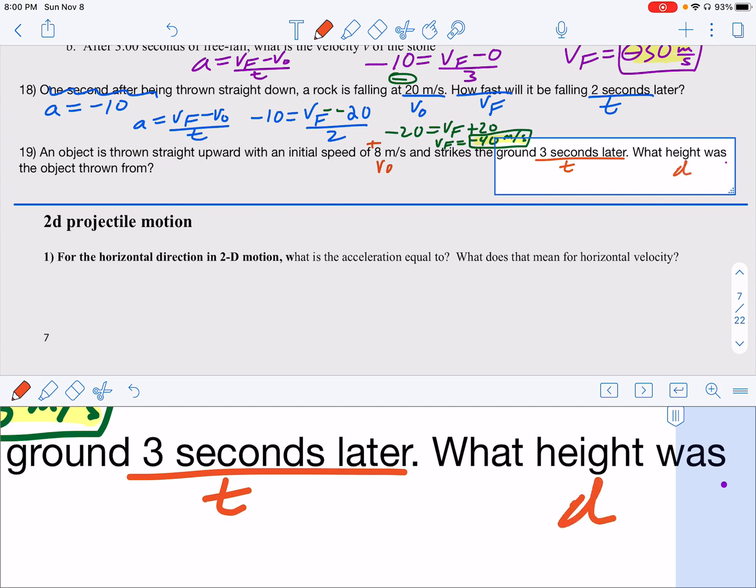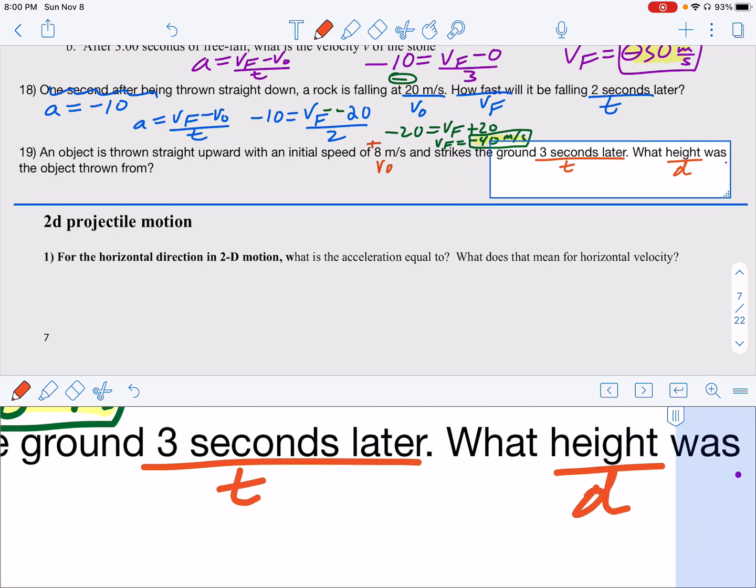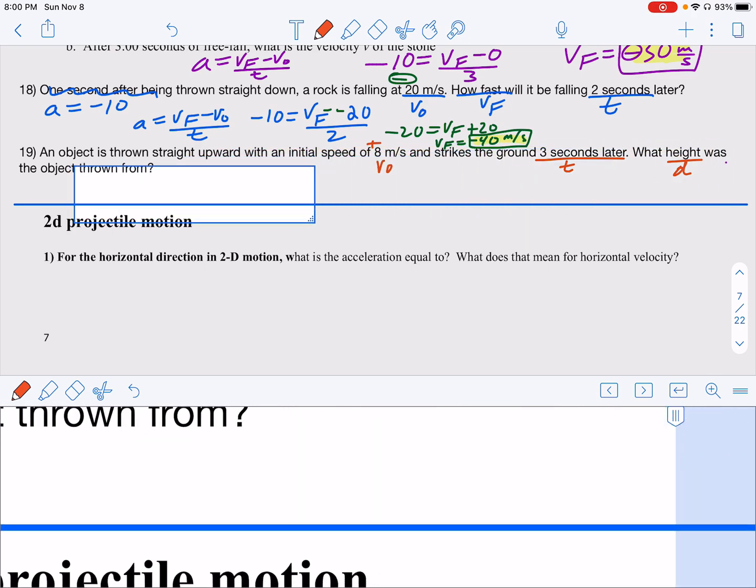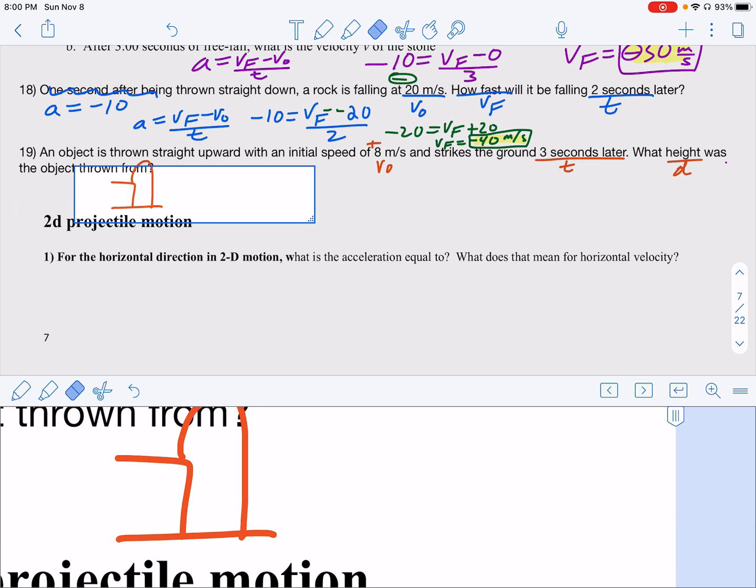That's D in the Y direction, but we don't have any X direction. So let's draw a picture. What we're looking for is this displacement right here.